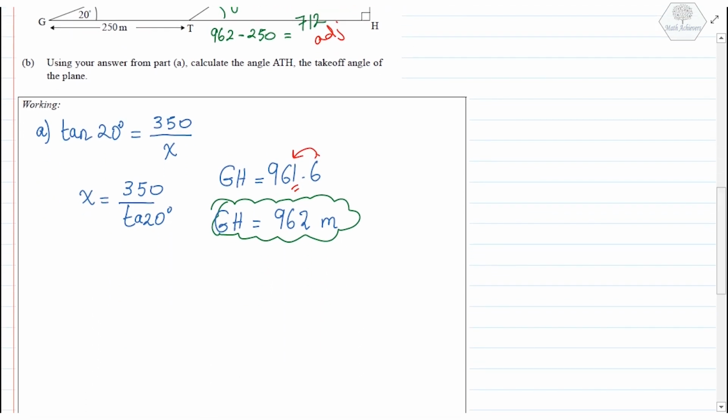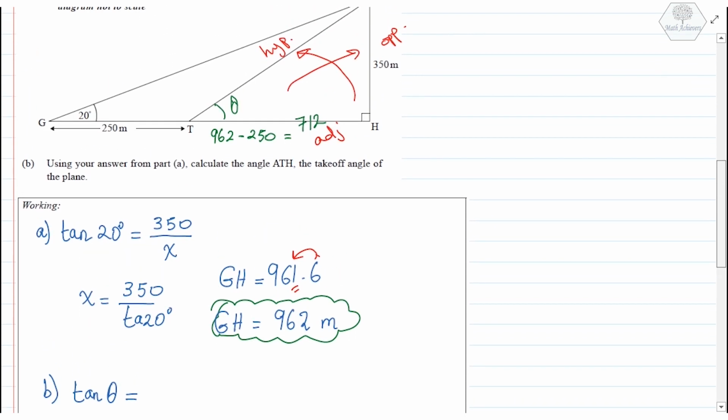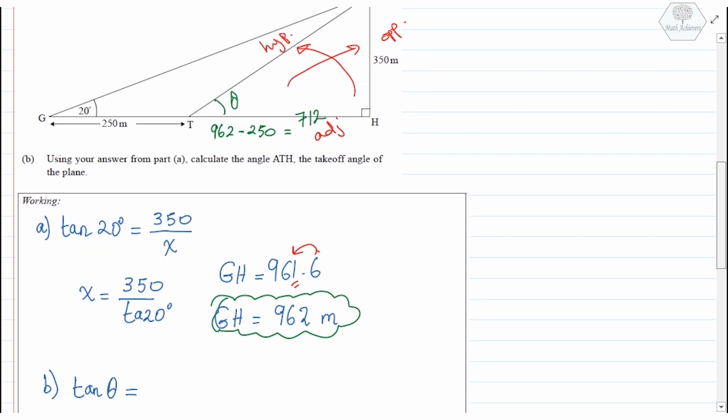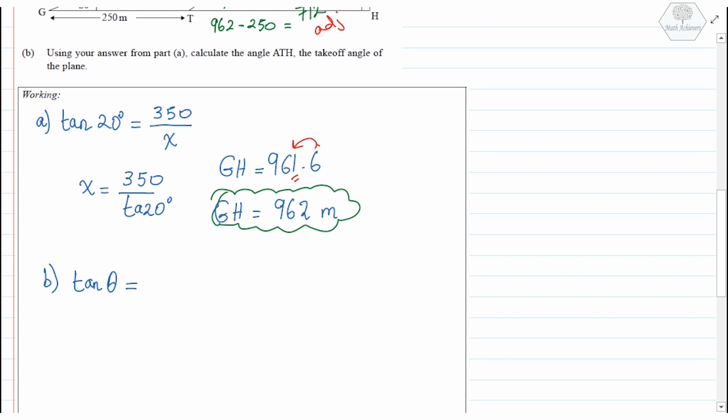So for part B, I will use tan theta, which is equal to the opposite over the adjacent. The opposite is 350 over the adjacent, which is 712.